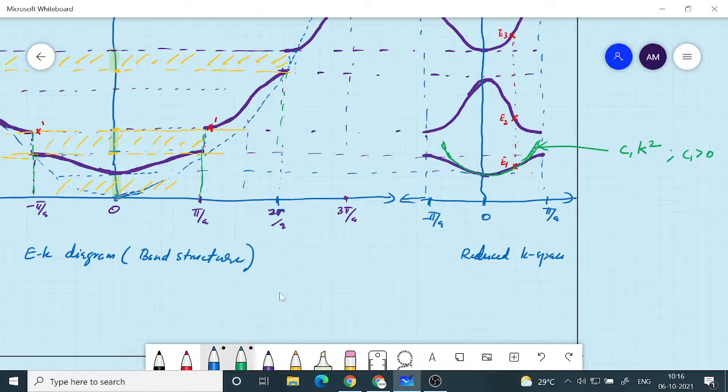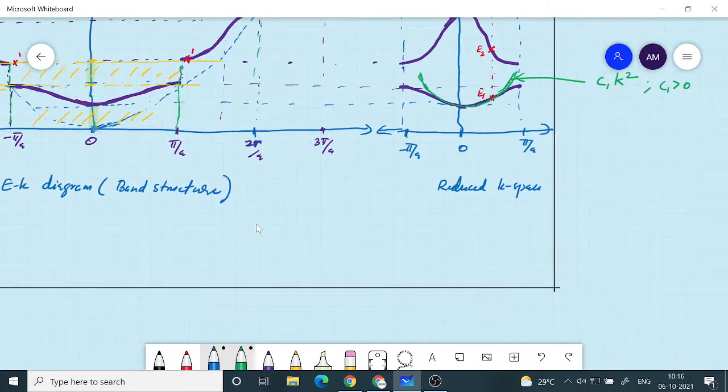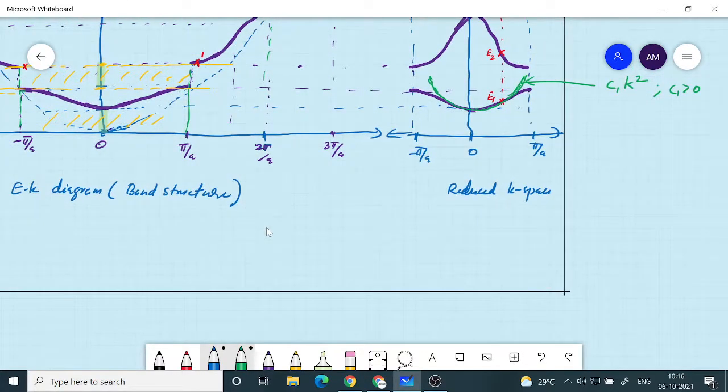If that is the case, then I can talk about the velocity. I am now restricting myself to the velocity of an electron or particle at the bottom of the band.